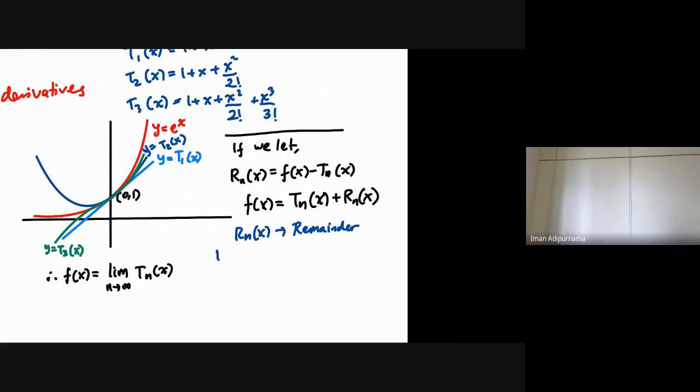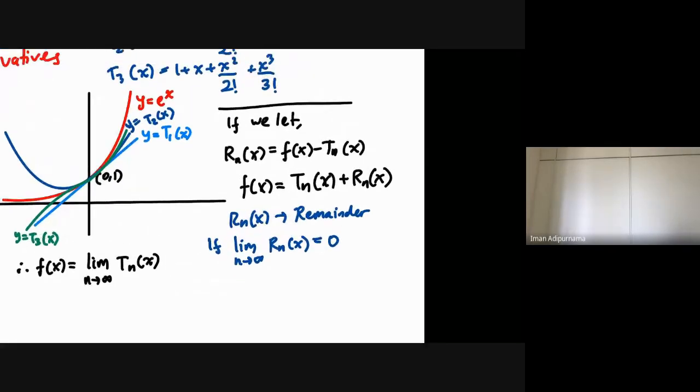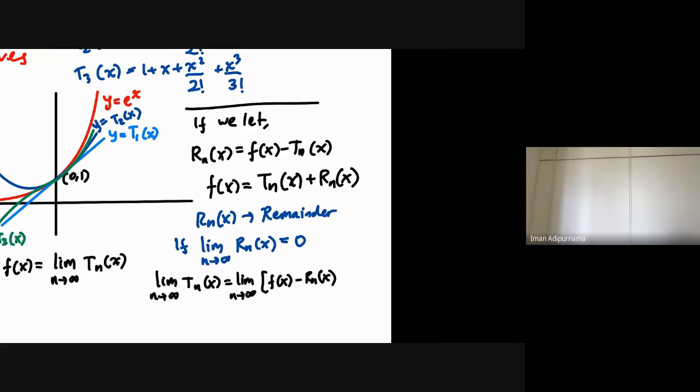So if the limit as n goes to infinity of this Rn is equal to 0, then the limit of Tn(x) is just f(x).